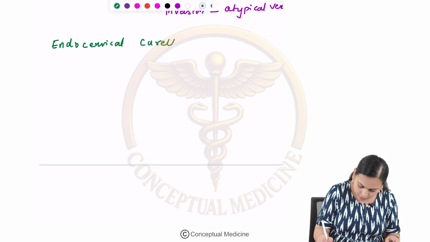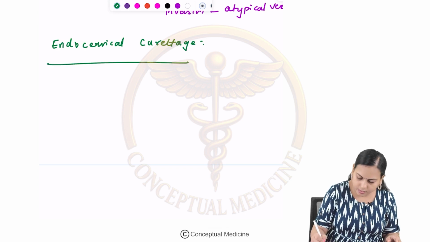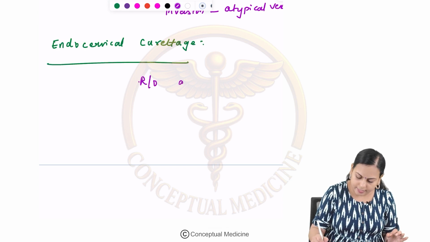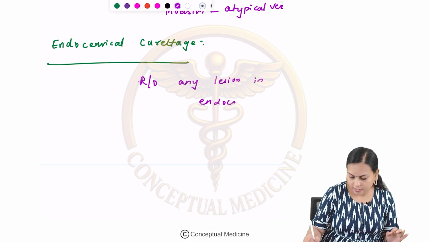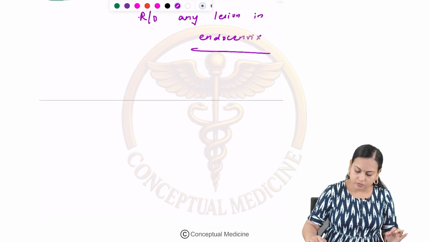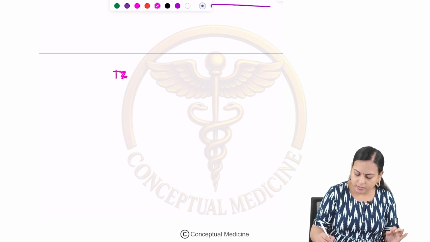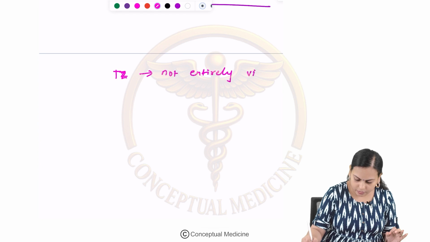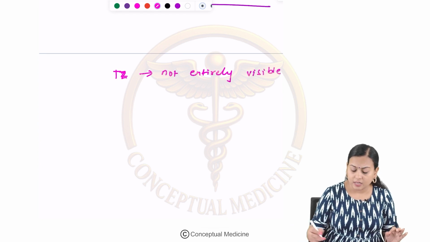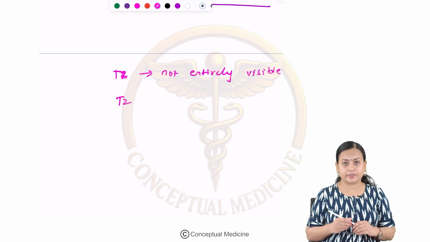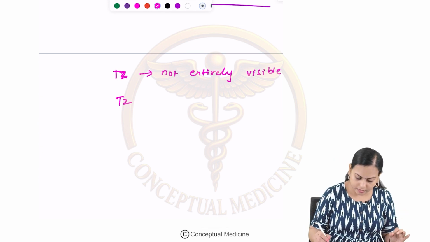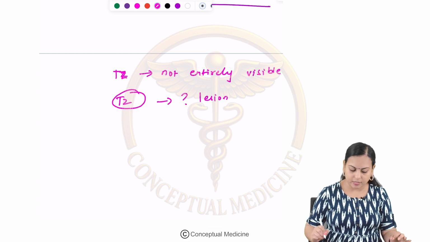Endocervical curettage. So this is done to rule out any lesions in the endocervix especially. So this will be done when the transformation zone is not entirely visible, or you suspect some lesion in the transformation zone but it is not visible, or a CIN lesion if it is present in the transformation zone.